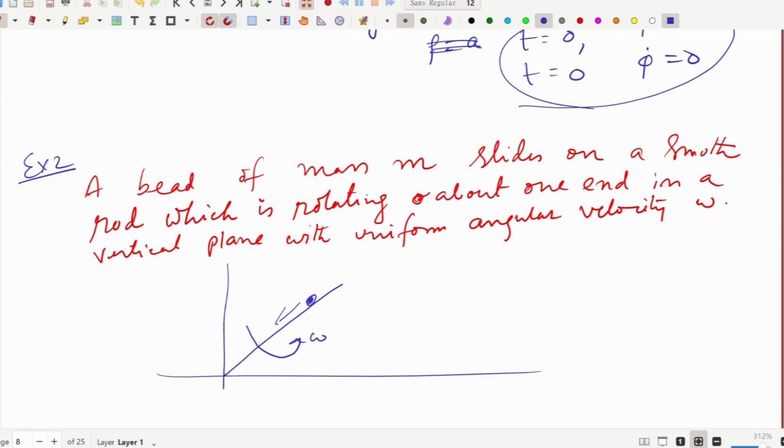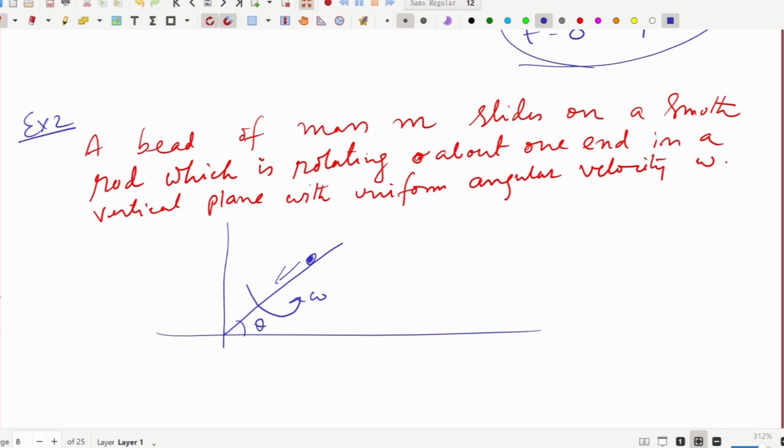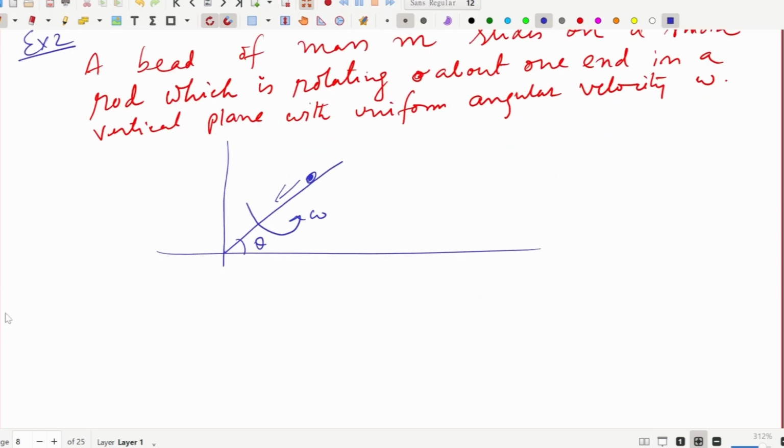So, what will be the Lagrangian for this system? Let us take this angle as theta, so theta will be omega t. This is a very simple problem.